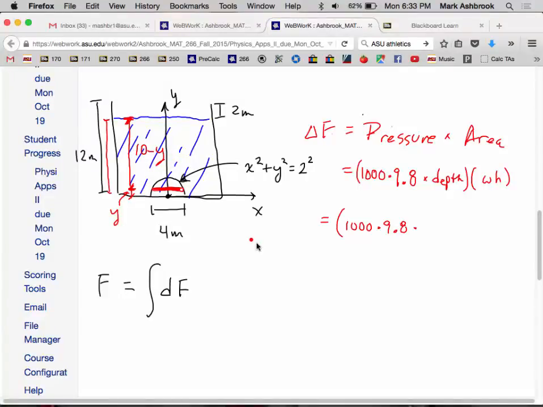Yeah, that's right. Everyone see how that's 10 minus y? It's y up from the bottom of the tank to our strip, and it's 10 all the way up to the top. So we need from the strip up to the top, which would be 10 minus y.